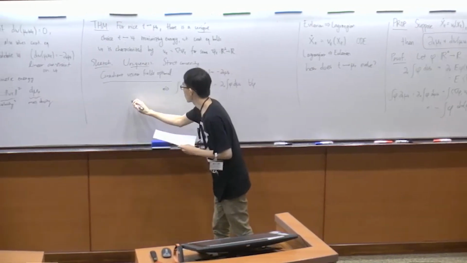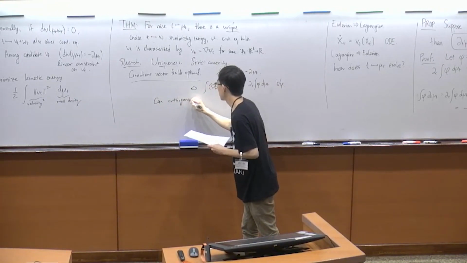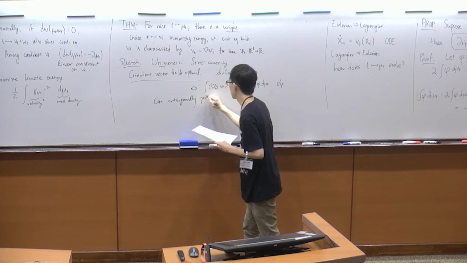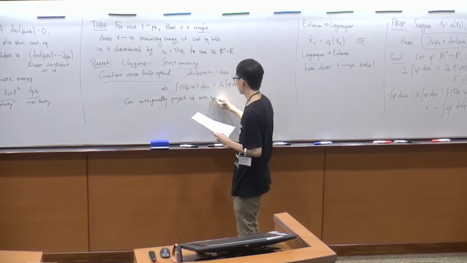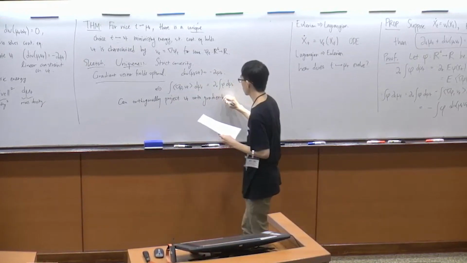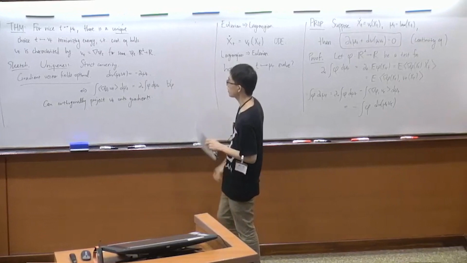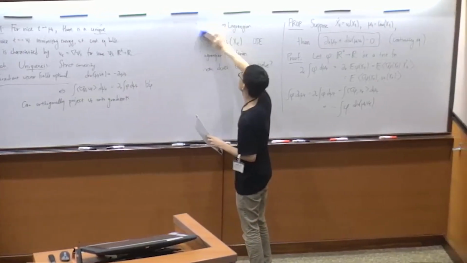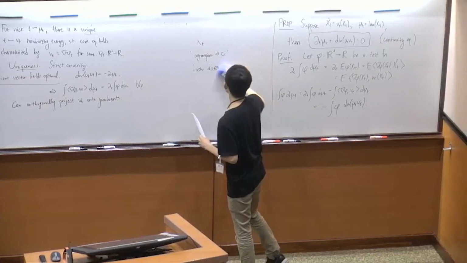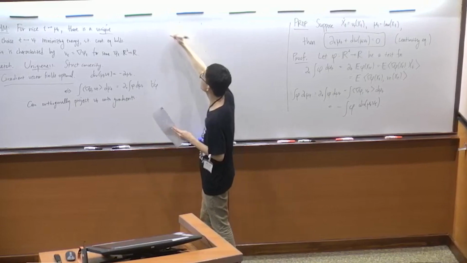Okay, so I can orthogonally project Vt onto gradients. So this tells us why the optimal vector field Vt has to be the gradient of a function. But let me give you another explanation for why this should be true.